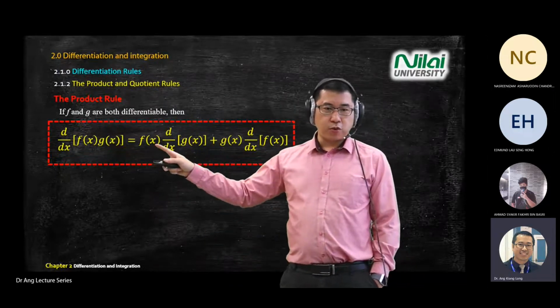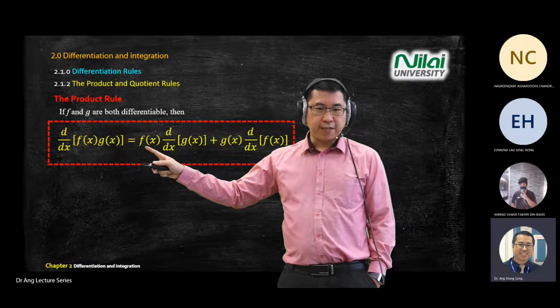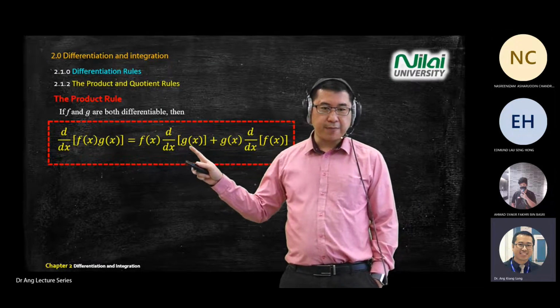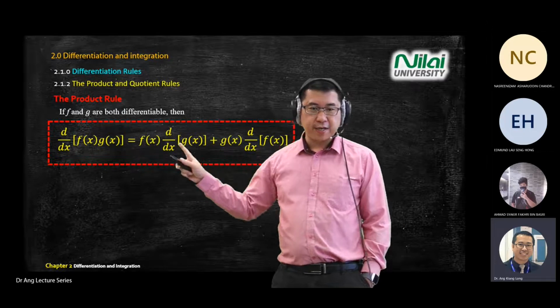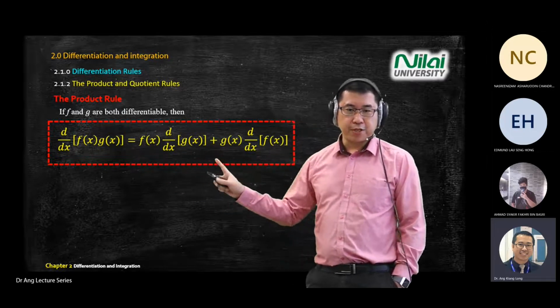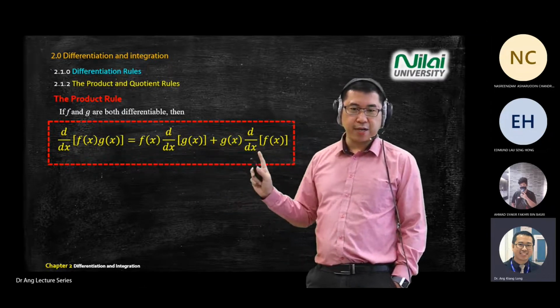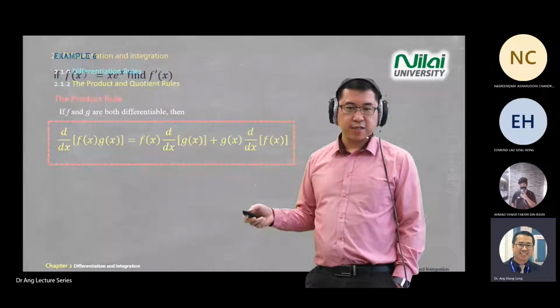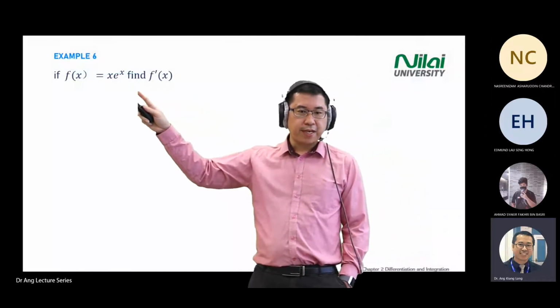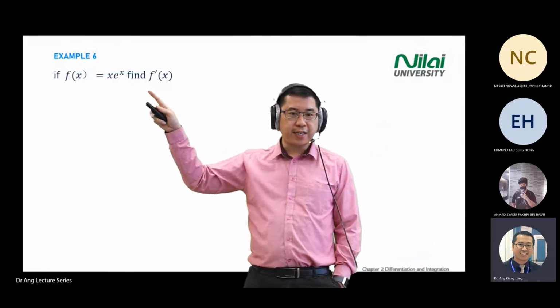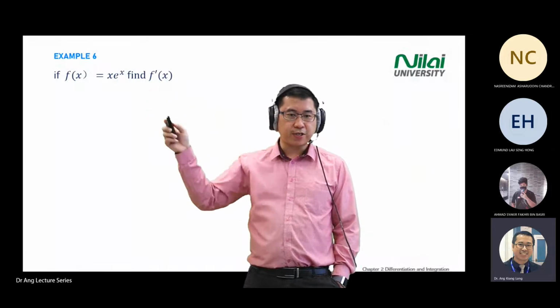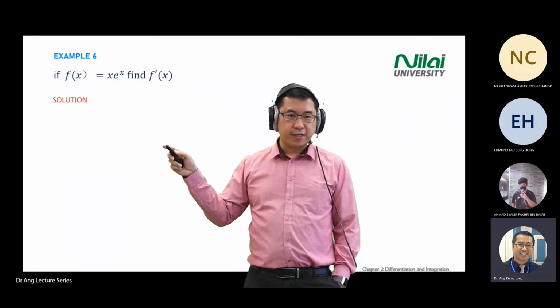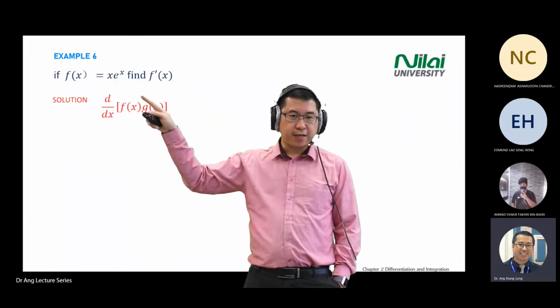So you take the first function, multiply by the differentiation of the second one, plus, and then you flip the position: you write the second function and then differentiate the first function. Using this, solve this equation. Can you see that there are two functions inside the equation? Can you see the pattern?